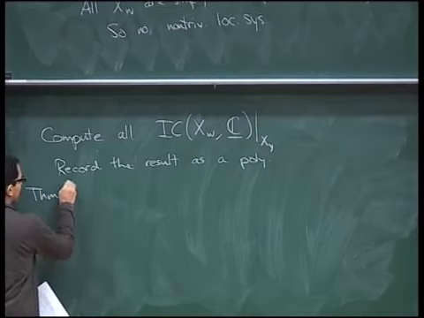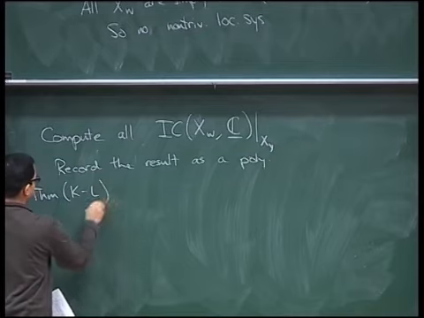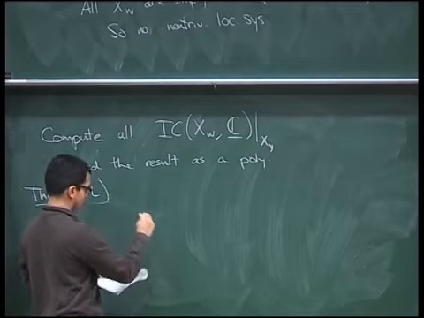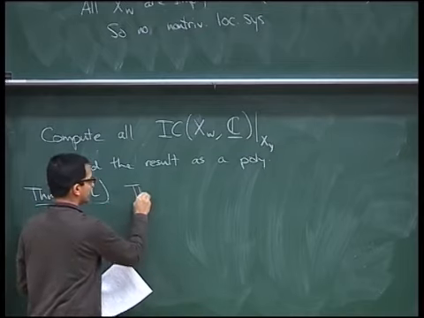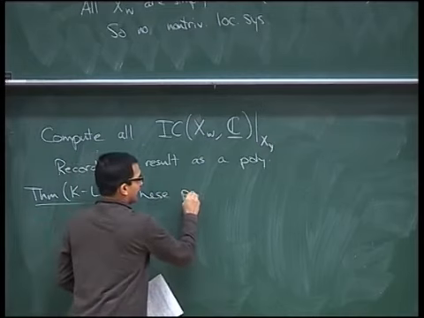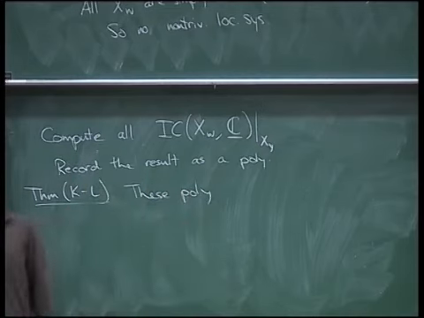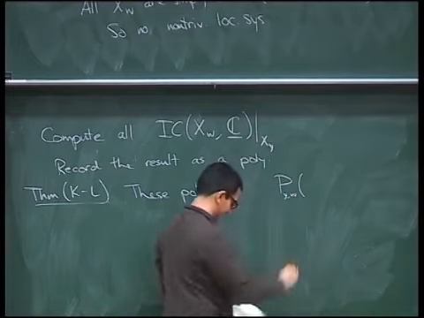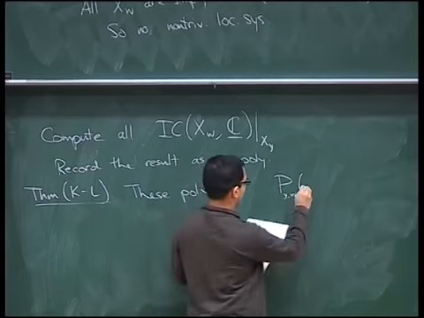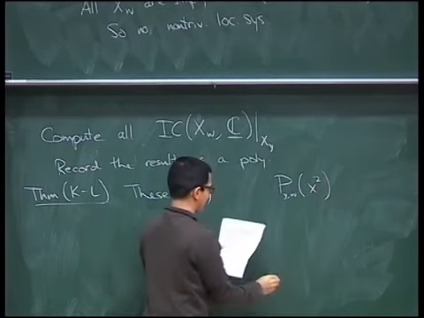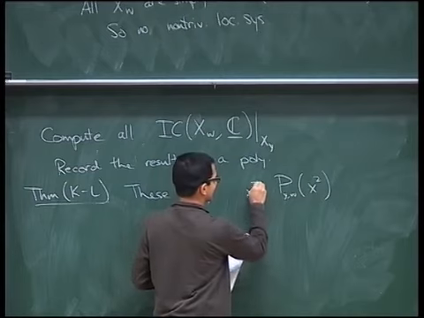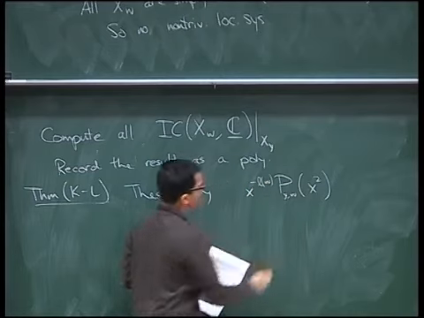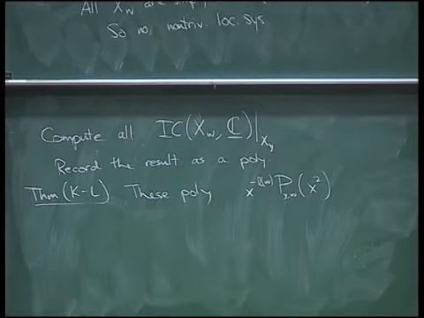The theorem of Kazhdan and Lusztig is that these polynomials are basically the Kazhdan-Lusztig polynomials. You have to make some trivial adjustments. If I got this correct, you have to replace x by x squared and stick an x to the minus l(w) in front.